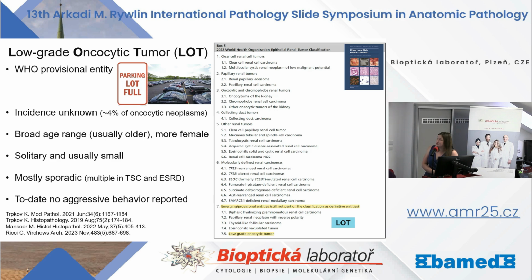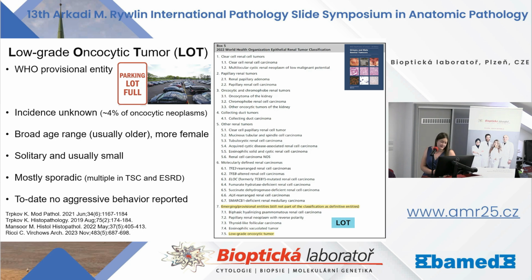The incidence of this tumor is unknown. However, we estimate that it is about 4% of oncocytic renal neoplasms. If you are in routine GU surgical pathology, you can have a few cases in one year, so this is not a rare neoplasm. The tumor has a relatively broad age range, more females.